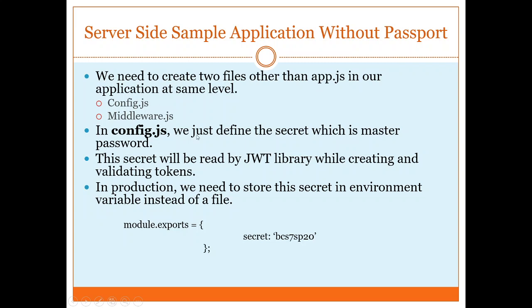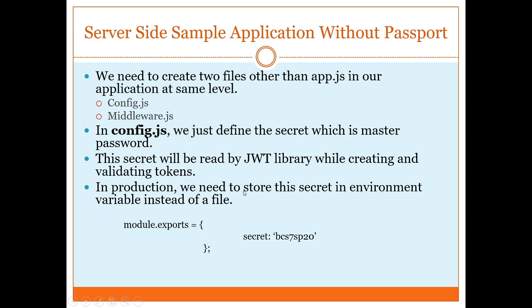In config.js, we just define the secret, which is the master password, which I told you in the last part of the lecture is very important. If it is leaked, your whole JSON Web Token can be decrypted. This secret will be read by the JWT library while creating and validating tokens.